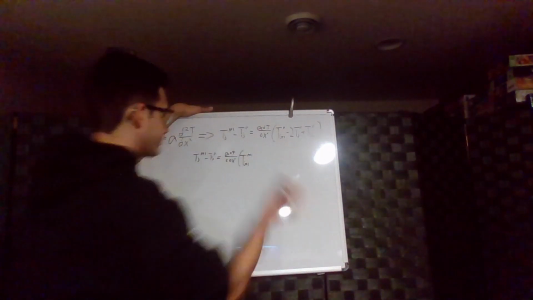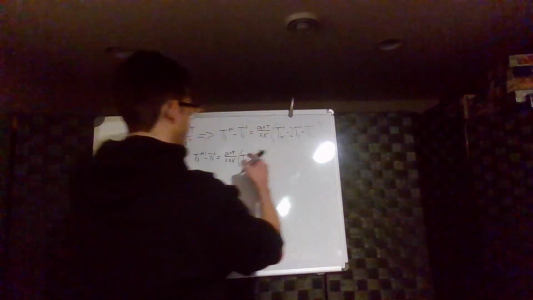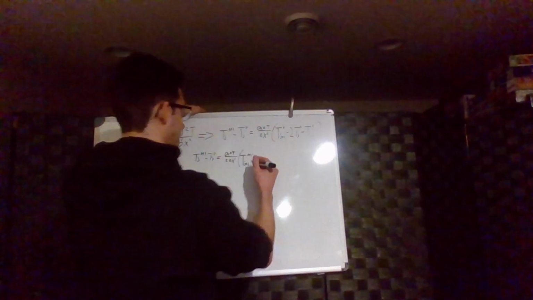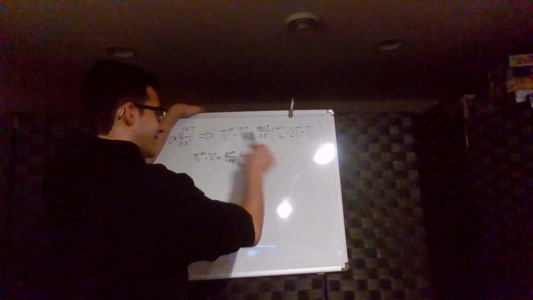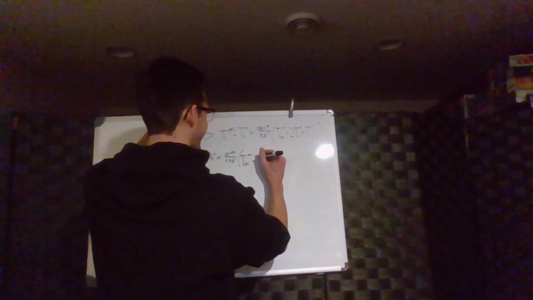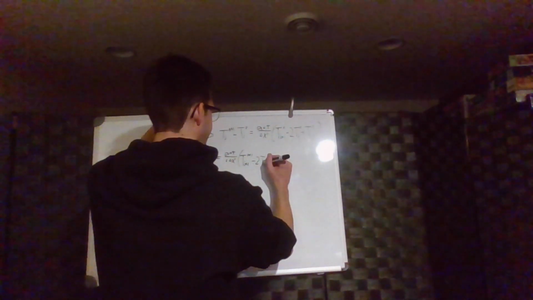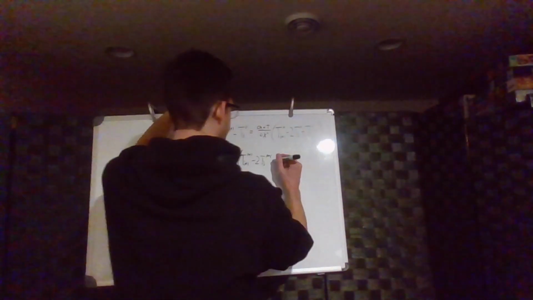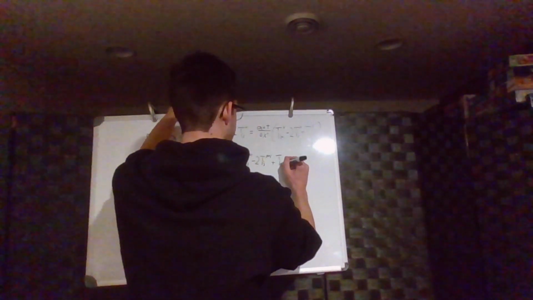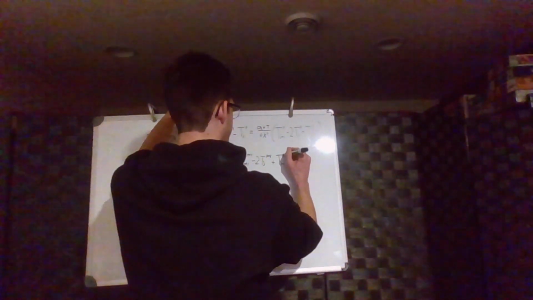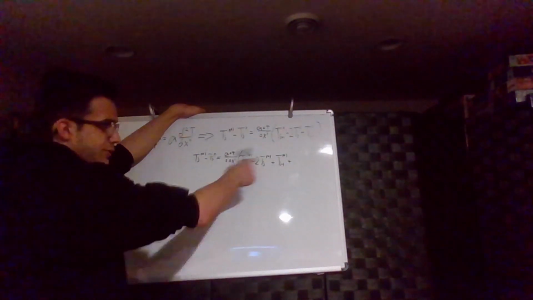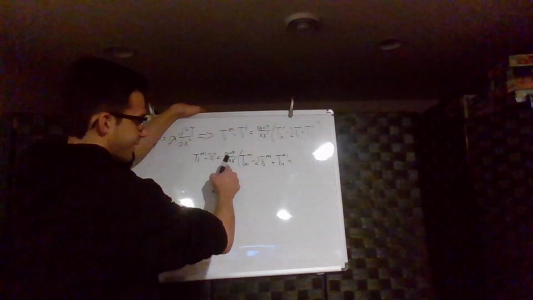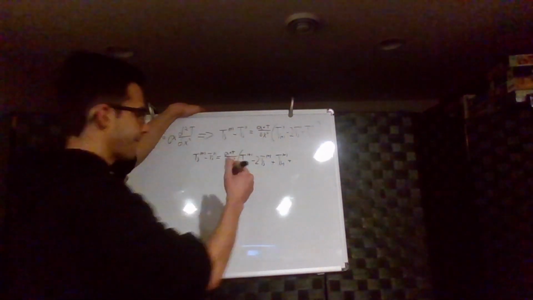So Tj plus 1 to the n plus 1 minus 2 Tj to the n plus 1 plus Tj minus 1 to the n plus 1. And what we're going to do is add the previous to that, which would just be n, and divide by 2. Like I said, we already did that too, factored it out.